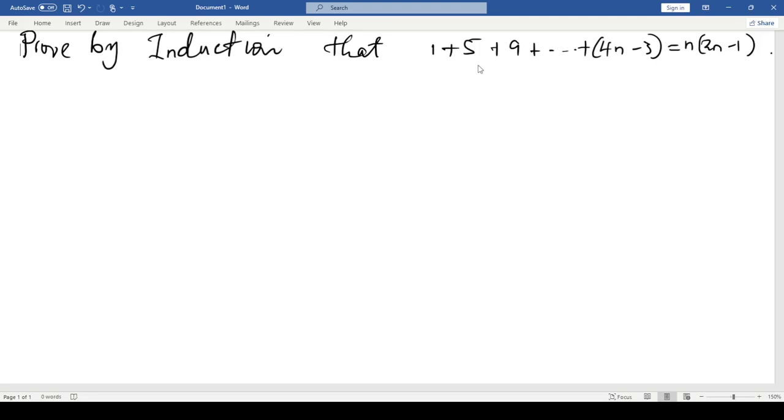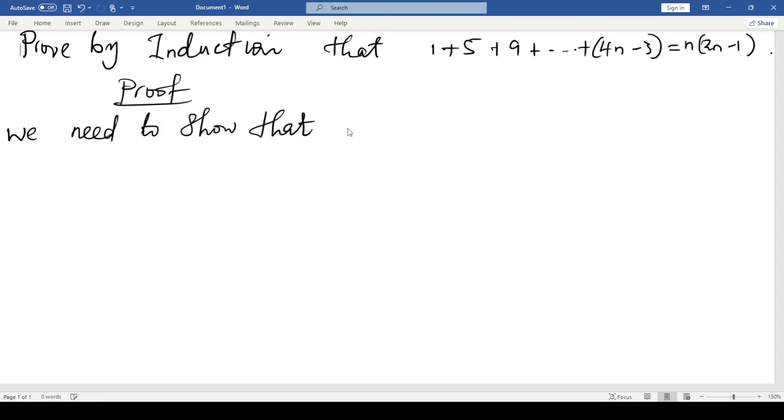So now here we need to show that the statement is true for n equals 1 here.